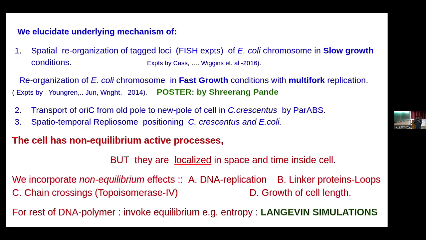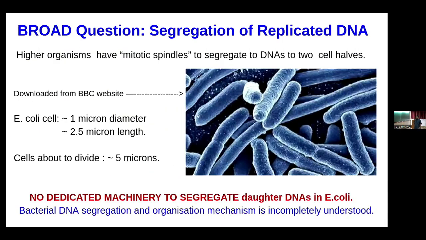And hence, for the rest of the DNA polymer, I can invoke concepts like entropy. And I do large scale simulations, for those in the theoretical physics community. And so let me now give concrete examples of this.